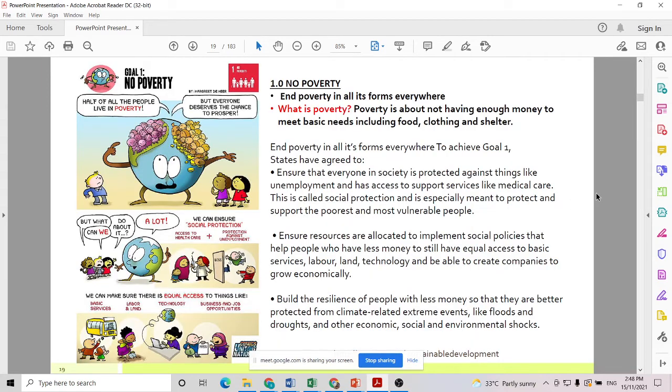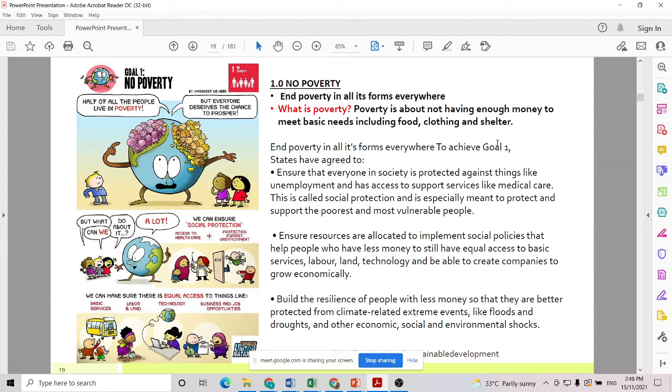Number 1 will be no poverty. Basically, end poverty in all its forms everywhere, which means there will be no poverty all around the world. So what is poverty?